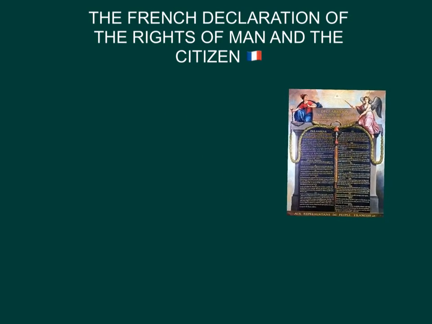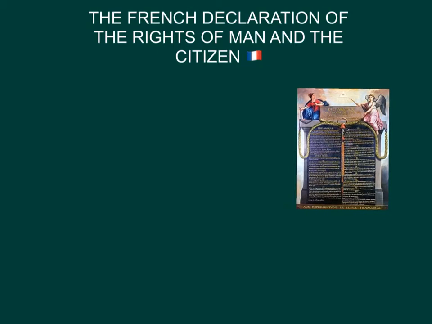Now we have the Declaration of the Rights of Man and the Citizen. This is the flag of France, so this is a document from France, and here is another sample of this document. Of course, it's a painting and also hard to read, but it gives you an idea of what it is. We also need to understand the principal characters.